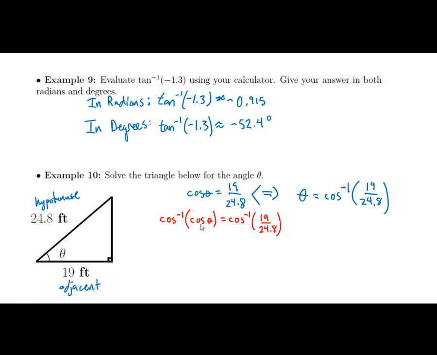And of course the cosine inverse and cosine zap each other here essentially, so we get theta is equal to the cosine inverse of 19 over 24.8. Either way, you get the same thing, and so using our calculator to help us, the cosine inverse of 19 over 24.8 is approximately 40 degrees.